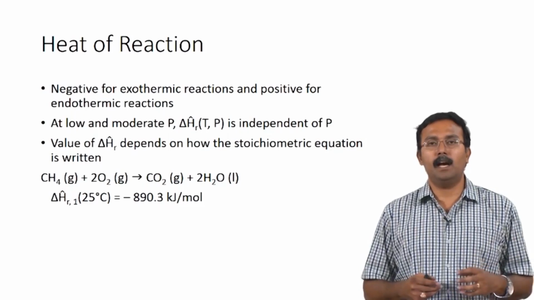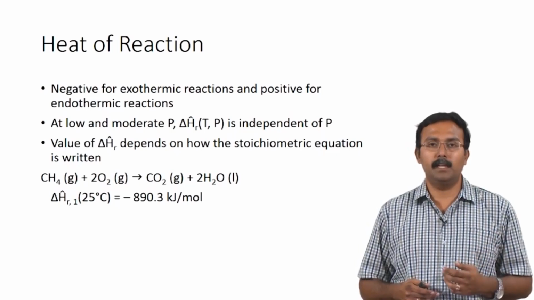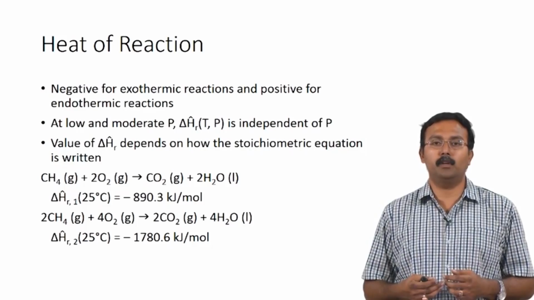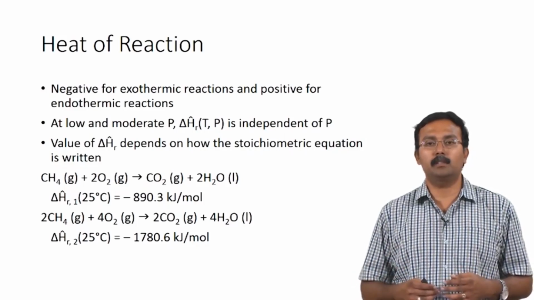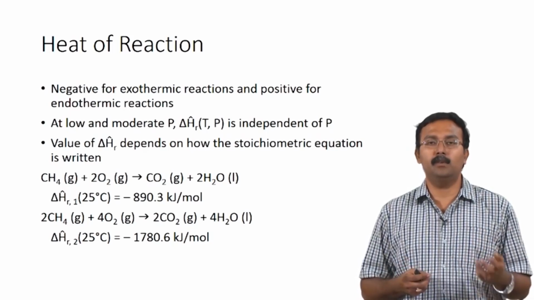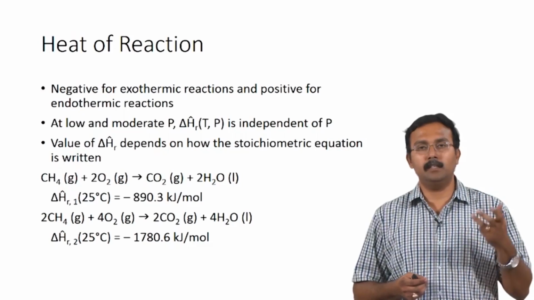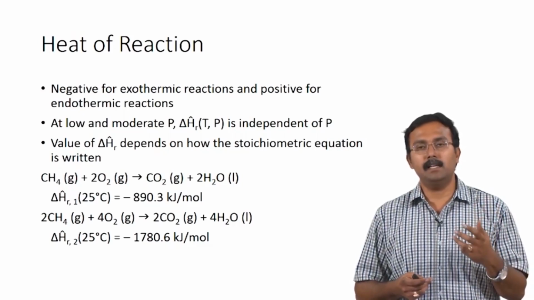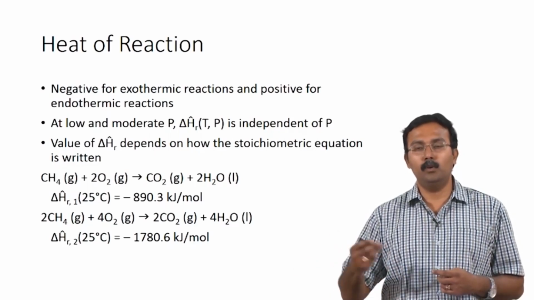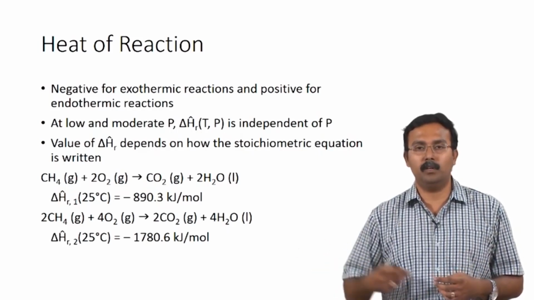However, if I have this reaction written slightly differently with 2 moles of methane reacting, then you have 2 moles of methane reacting with 4 moles of oxygen to form 2 moles of carbon dioxide and 4 moles of water. So, finally, your heat of reaction would also be double, because the heat of reaction for the first reaction is minus 890.3 kilojoules for 1 mole of methane reacting or 2 moles of oxygen reacting or 1 mole of carbon dioxide forming or 2 moles of water forming.